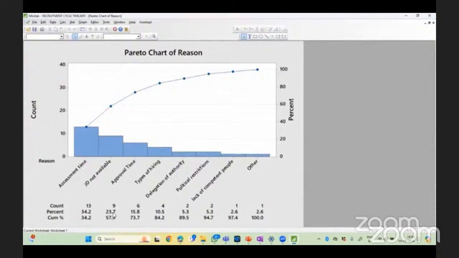And if you take the cumulative percent of the first two, 34 plus 23 gives me 57%. And if you take the first 4, it gives me 84%. So if I take care of these 4 causes, assessment time, job description not available, approval time, and types of hiring, I will be able to solve 80% of my problem.